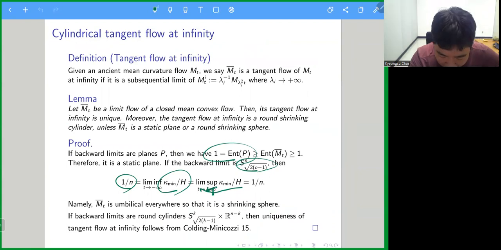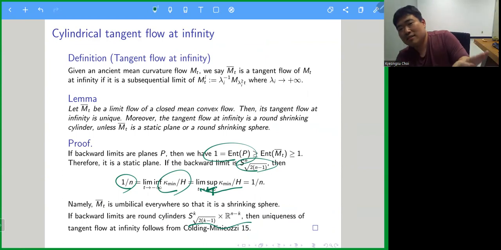So this is umbilical everywhere. So it's a sphere, a shrinking sphere. In the case that the backward limits are round cylinders, sure there are several types of cylinders. But in this case, we have to be concerned that the flow converges to a round cylinder, but the cylinder can rotate slowly.